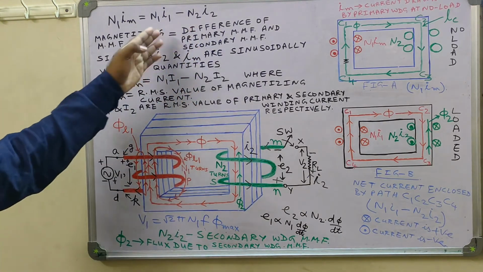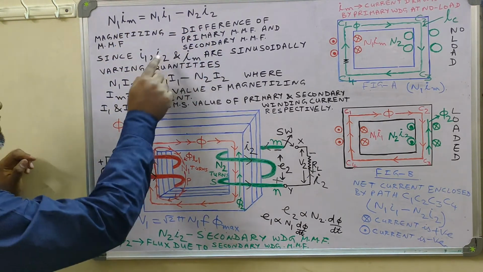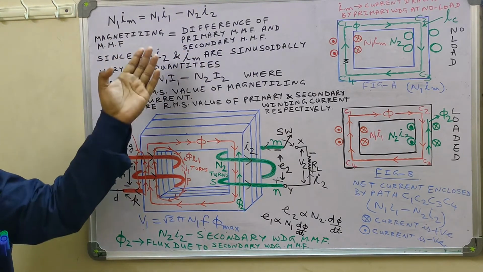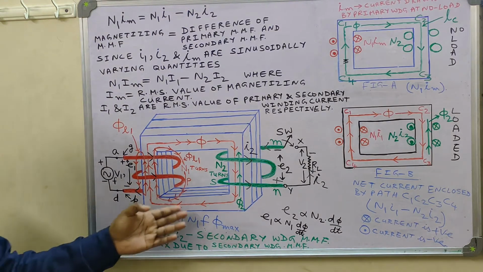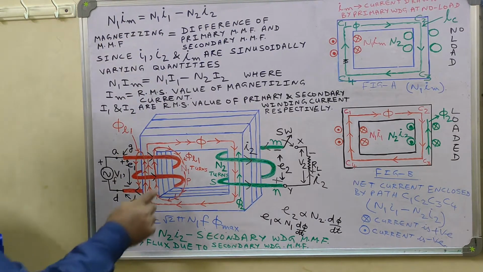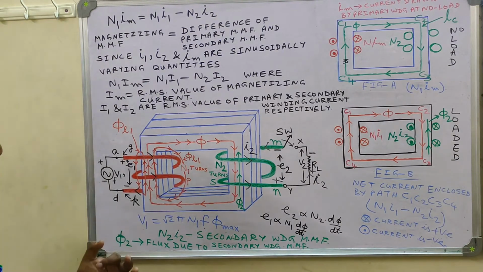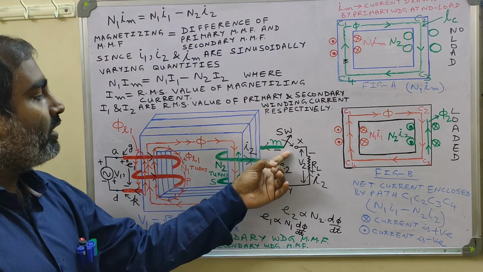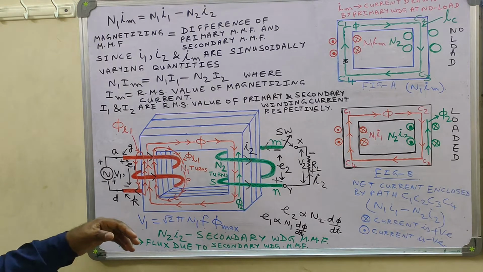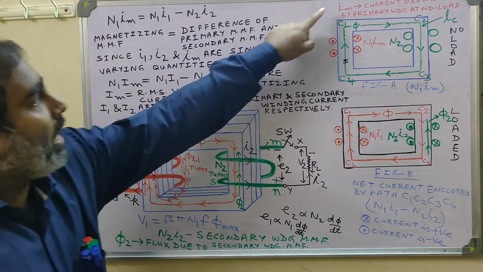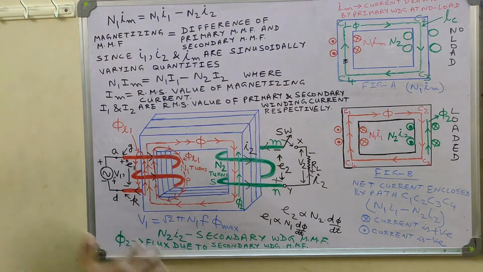So that's what is written here: the difference of primary MMF, N1 i1, and N2 i2, will be equal to the magnetizing MMF. The current carried by the primary coil P at loaded condition was assumed to be i1, and the current carried by the primary coil at no load condition, that is when the secondary is carrying no current and the switch SW is open, was assumed to be i_m, the magnetizing current.